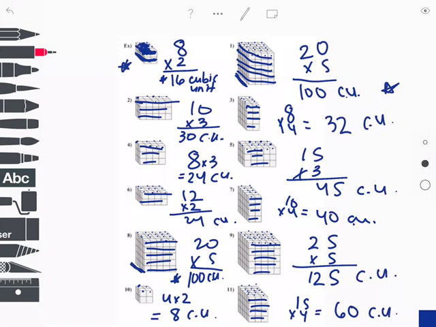Okay, so just remember, count the top layer. Make sure you count each little cube as 1 unit, and then just count the number of rows that make up the entire figure. Multiply them together, and that'll be your answer. And don't forget the cubic units as your measurement, and that's it.